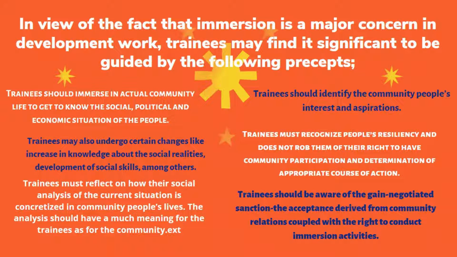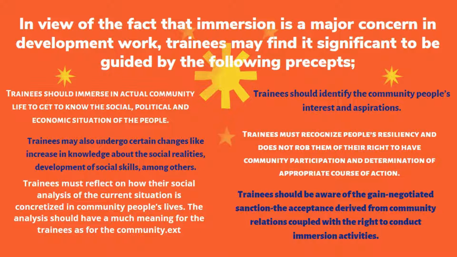Trainees should immerse in actual community so that they may be aware of the social, political, and economic situation of the people. Trainees should identify community people's interest and aspiration. They must also recognize people's resiliency and not rob them of the right to have community participation and determination of appropriate course of action.